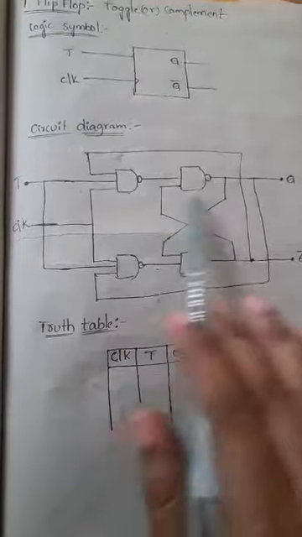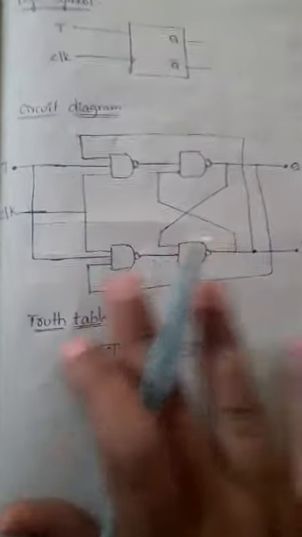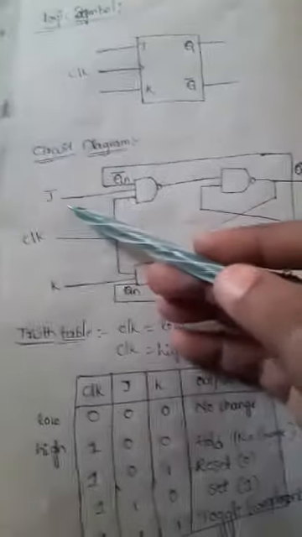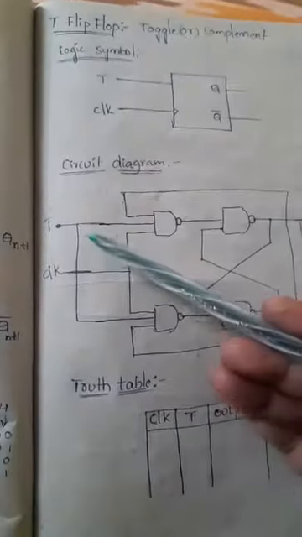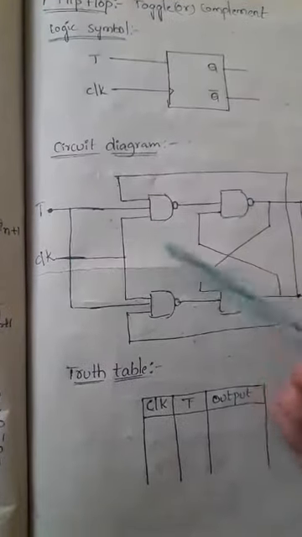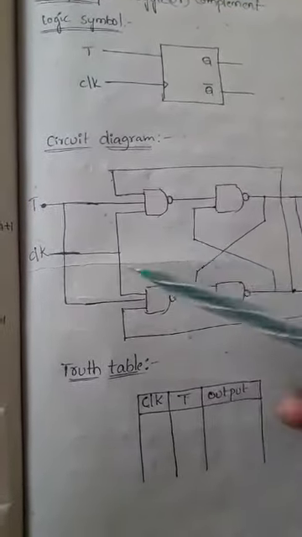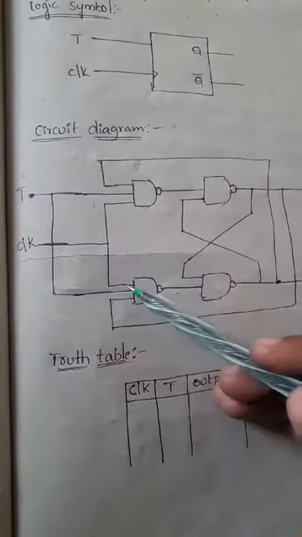So now coming to the circuit diagram. This is the circuit diagram for the T flip-flop. It looks like the JK flip-flop, but in JK we have 2 inputs, separated as J and K. In the T flip-flop we have only a single input. So that's why T is connected to one input of each of the 2 NAND gates. See here, the first 2 gates have one input connected as T only, and another input we connect as clock.